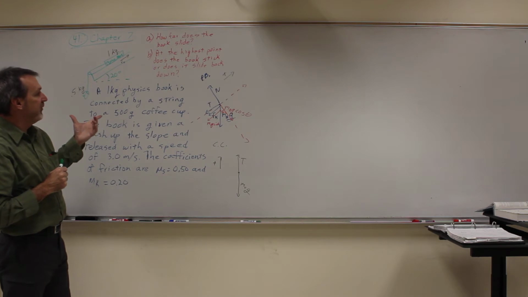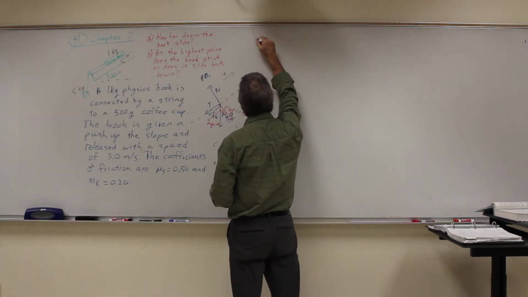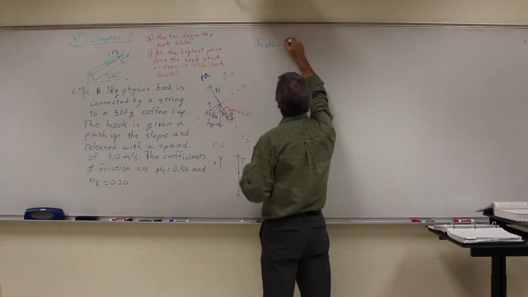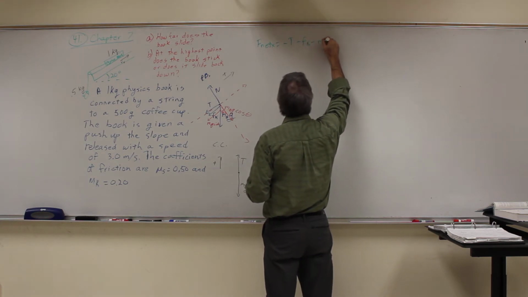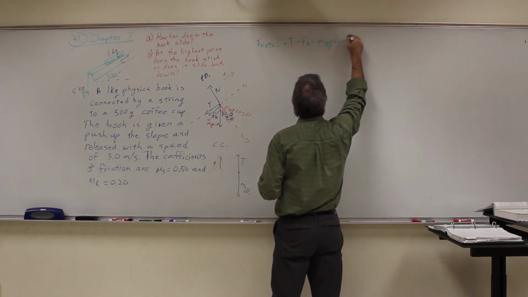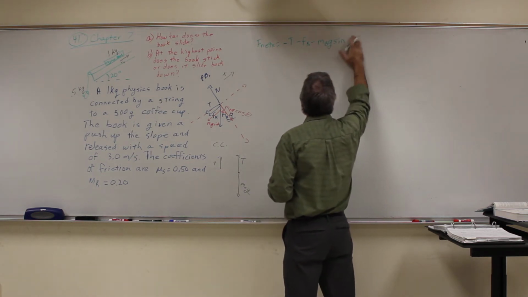That's all we need. So now we do F net x. Let's do F net x for this one. Well, F net x is going to be equal to minus T minus the friction force minus m_b g sine of theta, which in our case is not 30, it's 20 degrees.